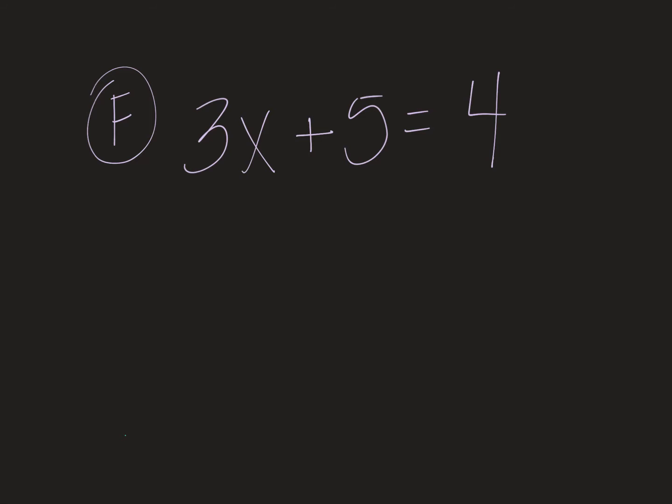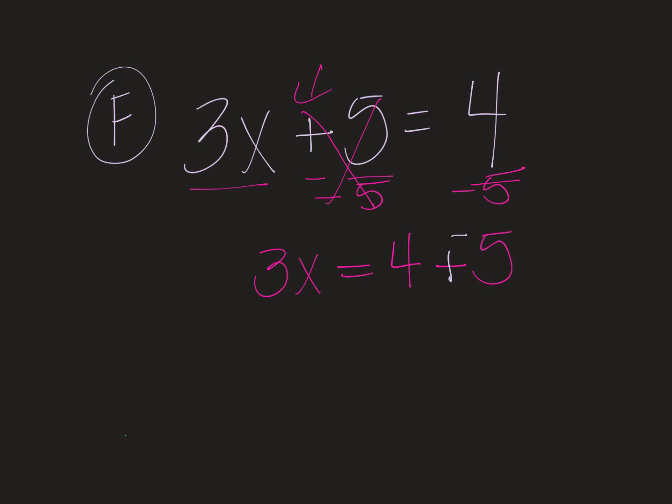So we have 3x plus 5 equals 4. The opposite of addition is subtraction. So minus 5, minus 5. 3x equals 4 minus 5. This is where you're going to add a line, change the sign. Now you have your addition problem, and you have an invisible positive and a negative.